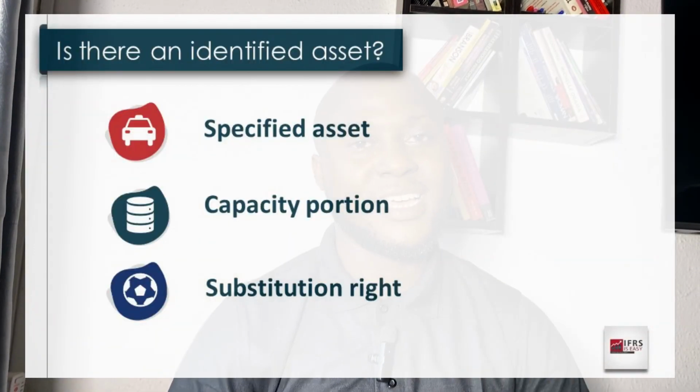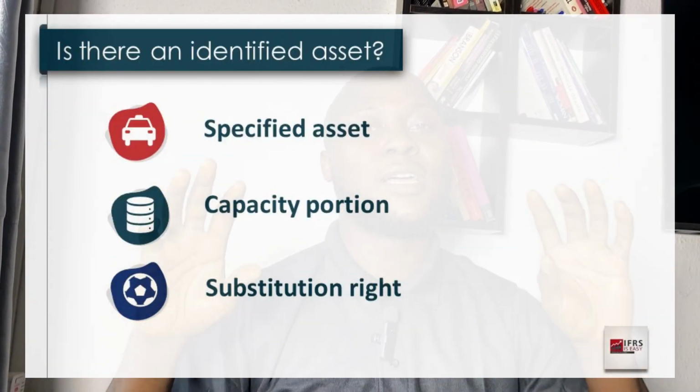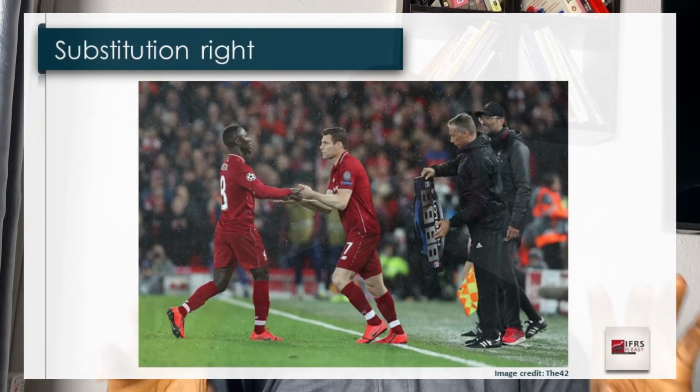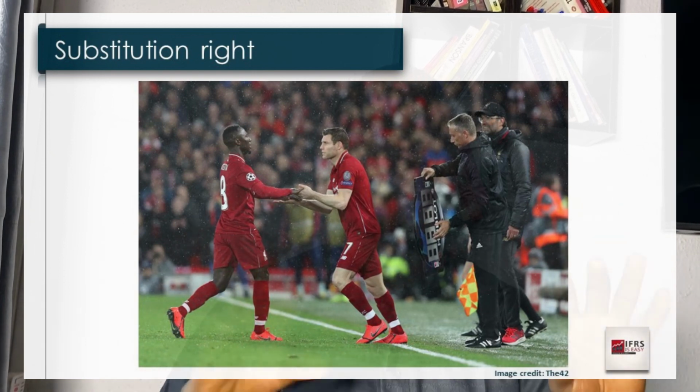Now, another thing is, before you can say you have an identified asset, it has to be that your supplier does not have substitution rights. If you look at the game of football, the coach has the right to replace whoever is a player on the field that is not performing well. What it means in essence is that if you have an asset that you have leased and the supplier has the right to replace it with another asset, then you don't have an identified asset.